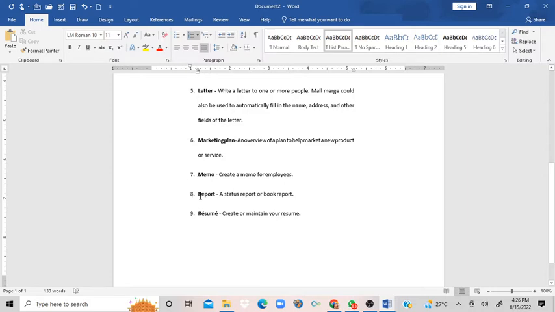Again, we can also use it to write a book report. Then we can also use it to create what we call a resume. Here, resume means curriculum vitae. Okay, it's one of the examples of resumes.